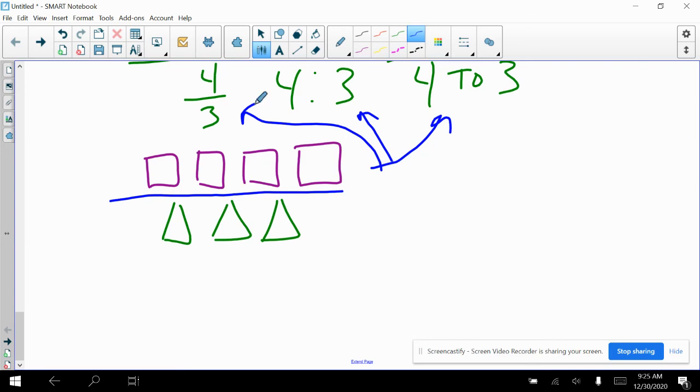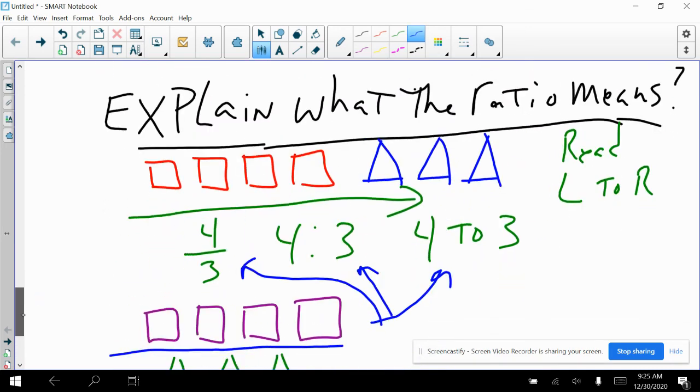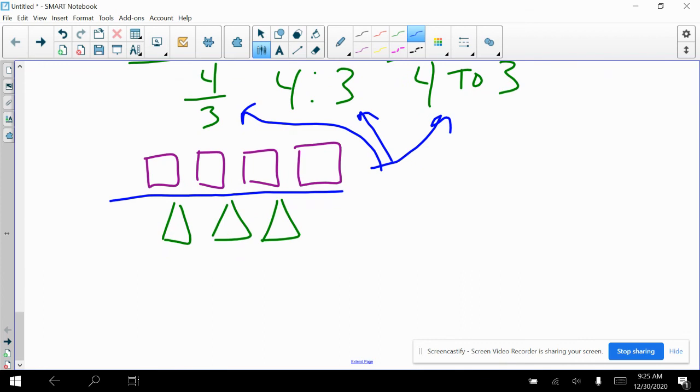So back to our question here where it said explain what the ratio means. When you write the words explaining what these ratios mean, this is how you express it.